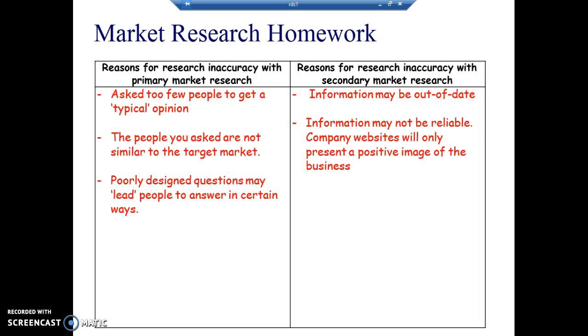Well, that might be true, but what they might not be telling you is the 65% of the people interviewed would have preferred it if the price was a little bit cheaper, or if the fragrance in the cream was a little bit different. They're only ever going to promote the positive things about their own business. So again, the data with secondary market research may also be overly positive.